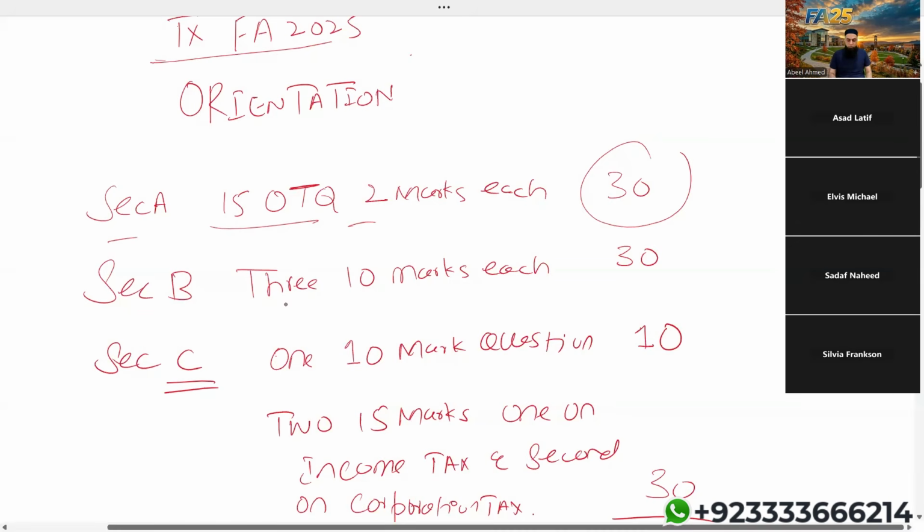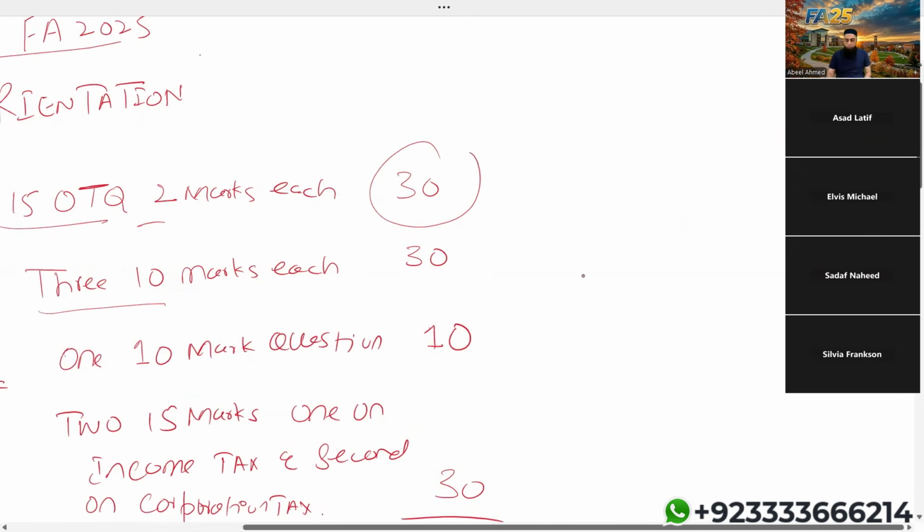In section B, there will be 3 questions. Each question will have 10 marks, but let me explain the pattern in section B. How is the examiner going to ask the question? There will be a small scenario in section B. On that small scenario, the examiner is going to set 5 questions, and each multiple choice question will have 2 marks.